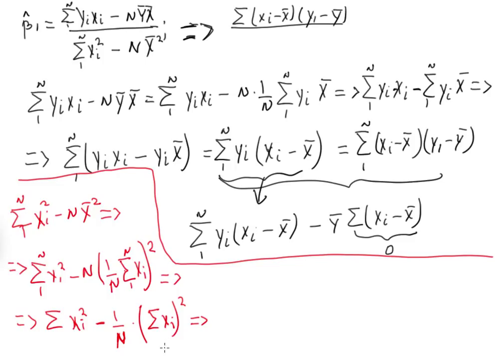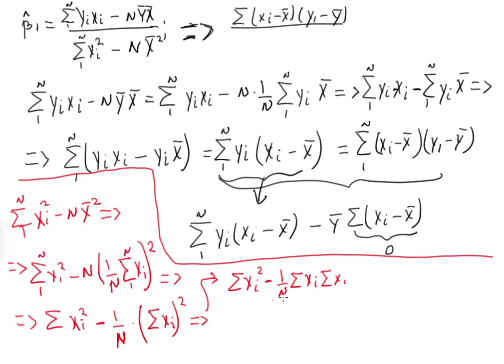Well, we could rewrite this in this form. So let's start here. This is the sum of xi squared minus 1 over n times the sum of xi times the sum of xi. So I just factored it into two terms here.